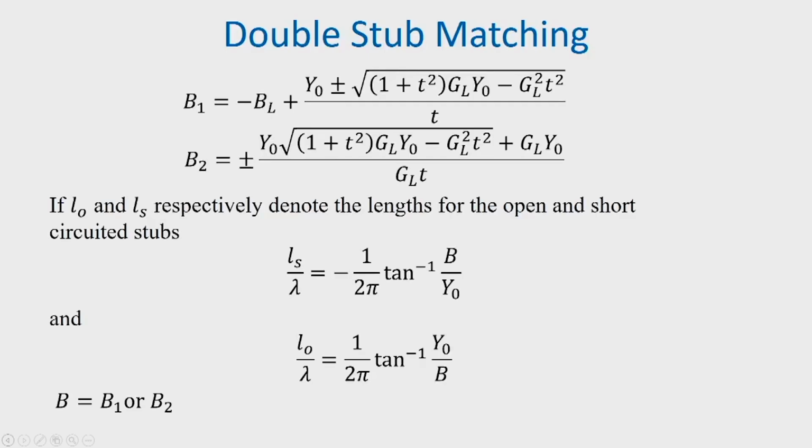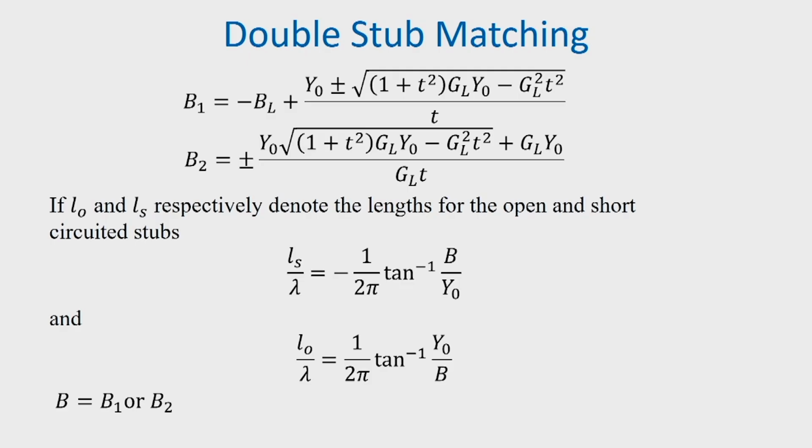Therefore, we get the location which is fixed already, D, the separation for that particular location. Now, we get the solution for the short and open circuited stubs, their lengths in terms of lambda.